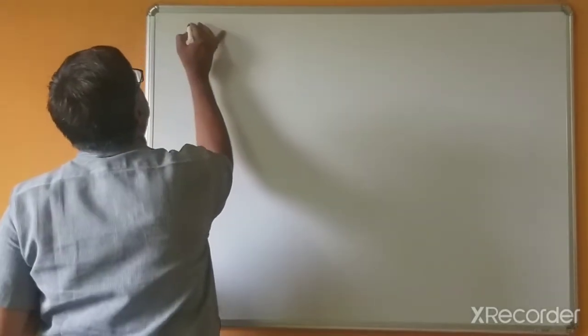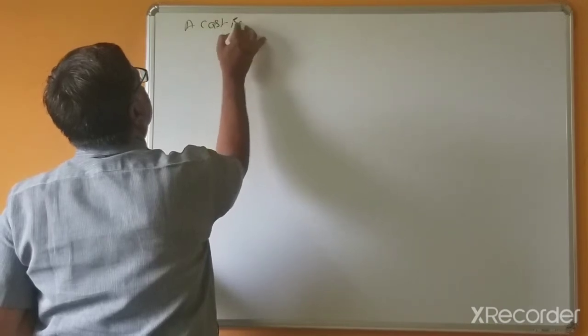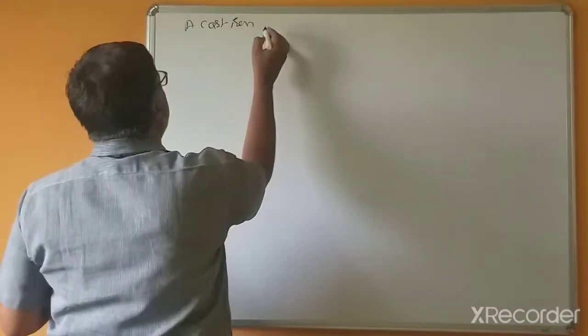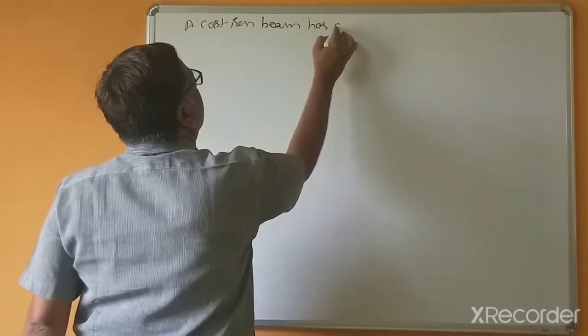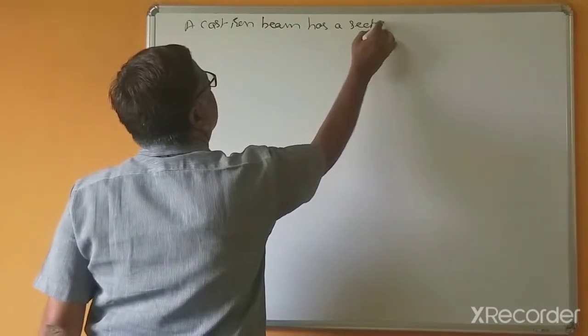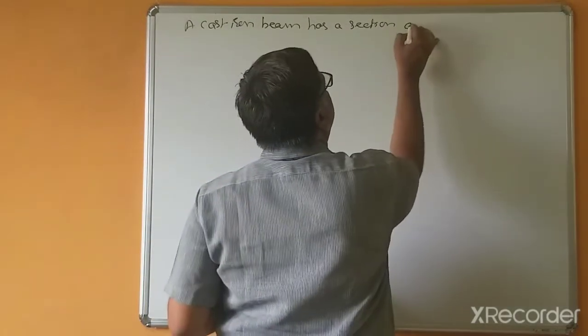Please note down today's first problem: a cast iron beam has a section as shown in figure.